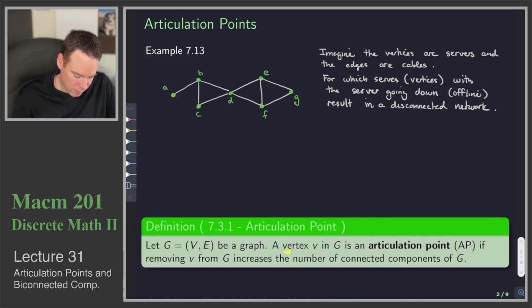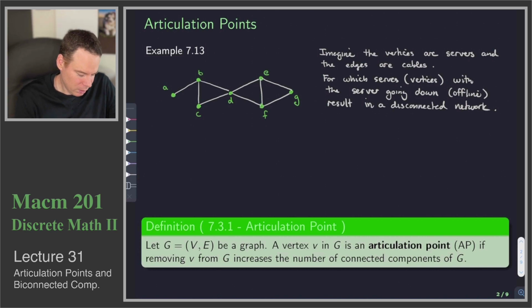So in a graph, a vertex V is an articulation point if removing that vertex increases the number of connected components. So in this example, our graph is already connected, so we're looking at those vertices which, when we remove them, disconnect the graph. But in general, an articulation point is a point that when you remove it, the number of components of your graph increase.